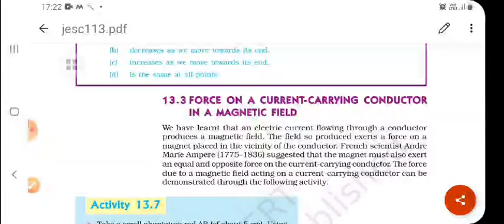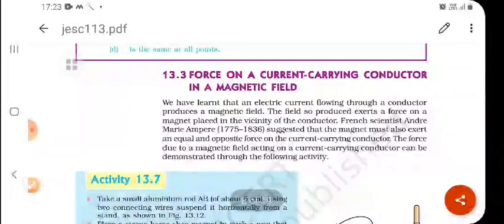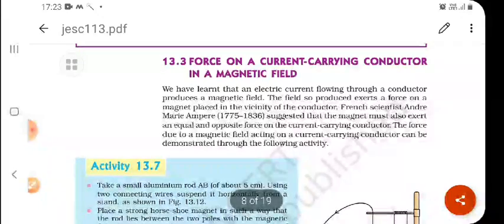Now, force on a current carrying conductor in a magnetic field. We have to see here that electric current is nothing but the flow of electrons. That means the moving electrons through a conductor produce a magnetic field.